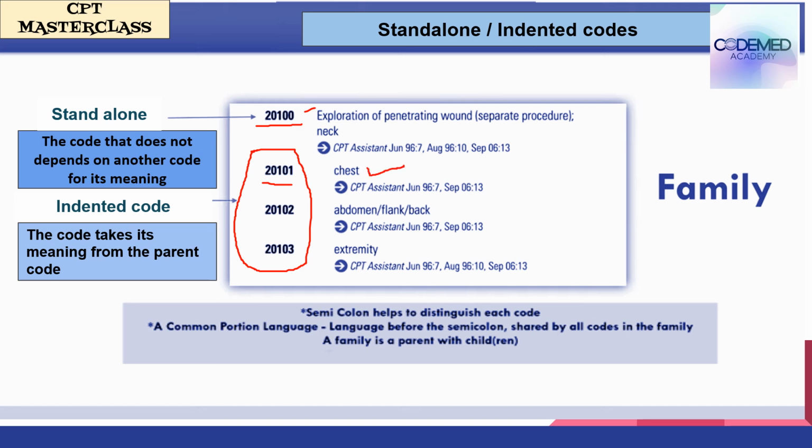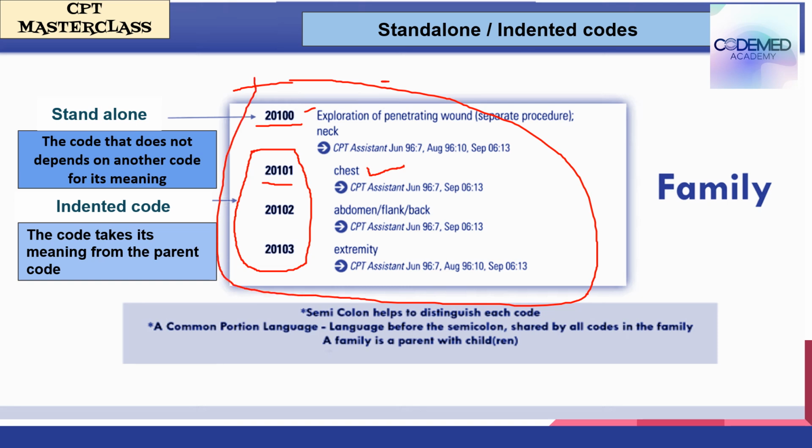So do I read the code as just chest? No, because it is an indented code, I am going to read the above code till the semicolon. So the semicolon helps to distinguish each code. The common portion of language, the language before the semicolon, is shared by all the codes in the family. So this particular group is called a family.